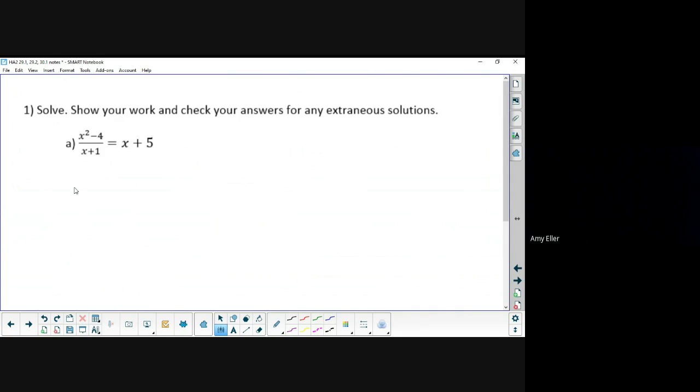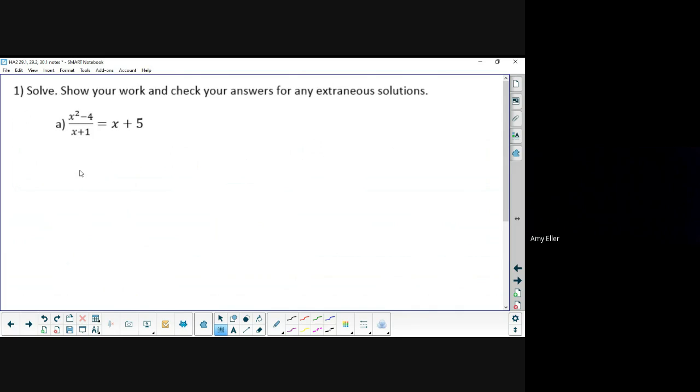All right, let's get started. Number 1, solve, show your work, and check your answer for any extraneous solutions. So it sounds like we have to check our answer. They don't have a common denominator, so I need to multiply by that denominator.